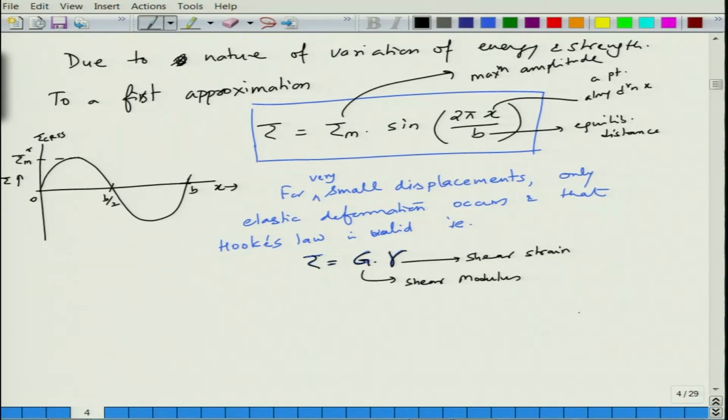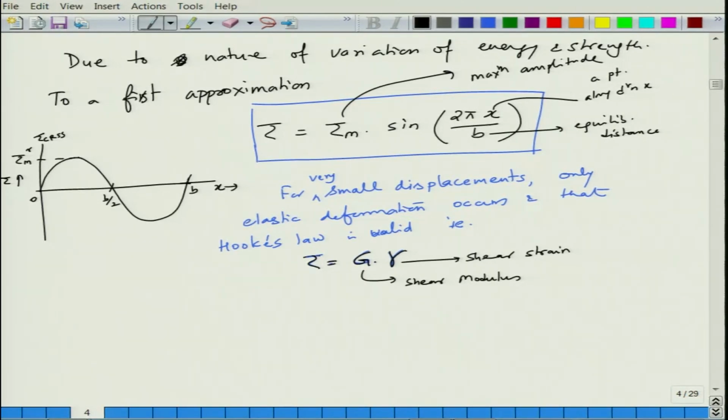All right. So, when x is equal to b, 2 pi x divided by b will be equal to 2 pi, the numerator equals 2 pi times the denominator. That is when we complete the whole cycle. So tau will be equal to 0.